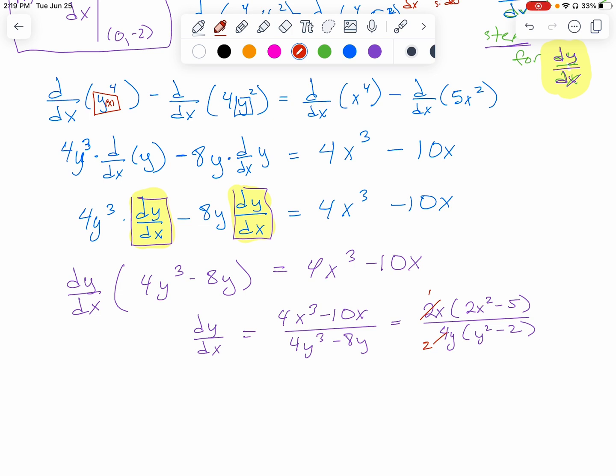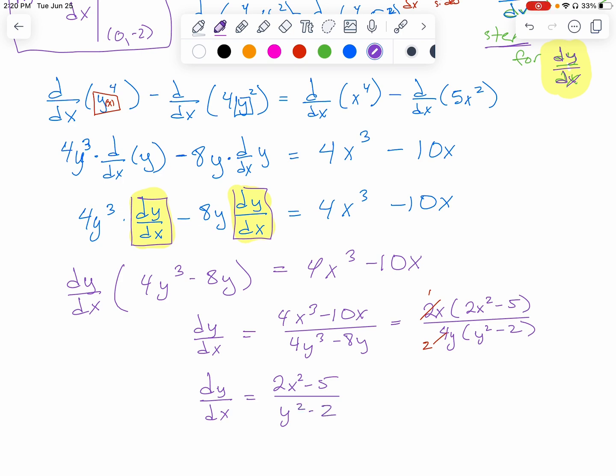So I get a final derivative in terms of x and y. So my derivative, my slope will depend both on x and y. So I get 2x squared minus 5 over y squared minus 2.